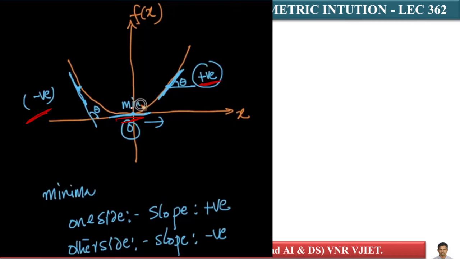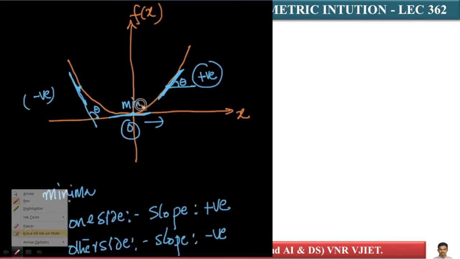Exactly at the minima, the slope becomes 0, which means the slope changes its sign from positive to negative at the minima. Here it is positive, here it is negative. This is a very important observation. The other important observation is, one side of the slope is positive and the other side is negative, isn't it? At minima, the slope is 0.